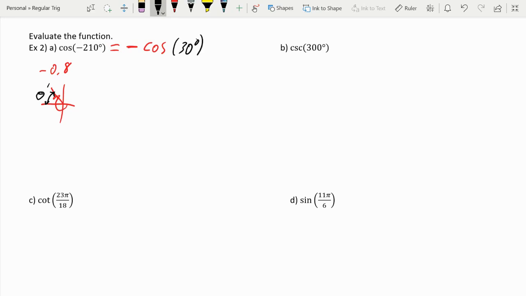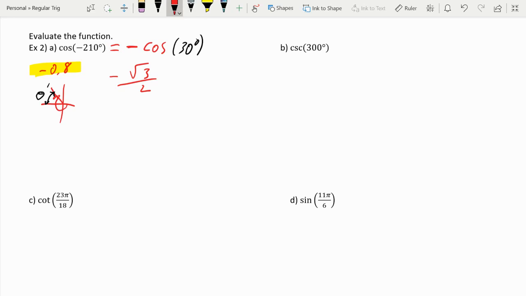So if you type in cosine of 30 degrees, you'll end up with the same exact answer as that. I remember the exact answer, I believe, was negative square root of 3 over 2. I don't remember the approximate answer.